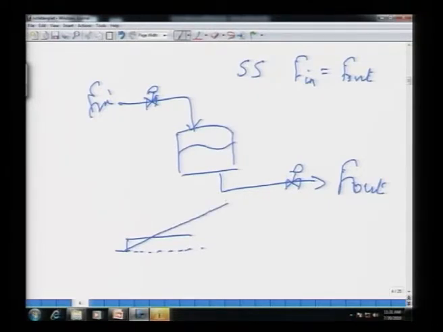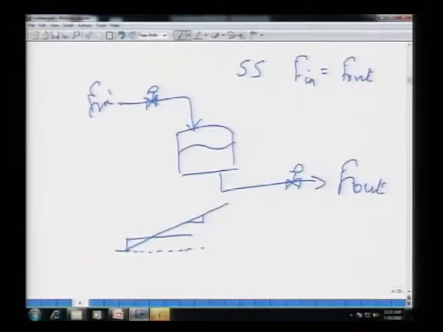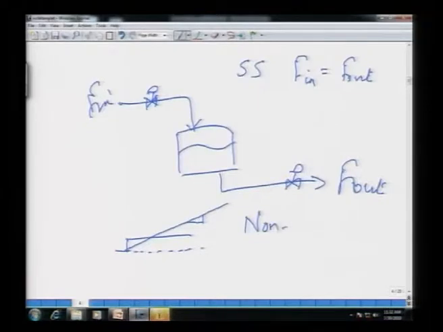This is an example of a pure integrator in chemical processes, levels in liquid tanks. Okay. What does it mean? What implication does it have? What it means is, the level, unless you balance the flows, the level is either rising or decreasing. Such variables are also sometimes referred to as non-self regulatory.